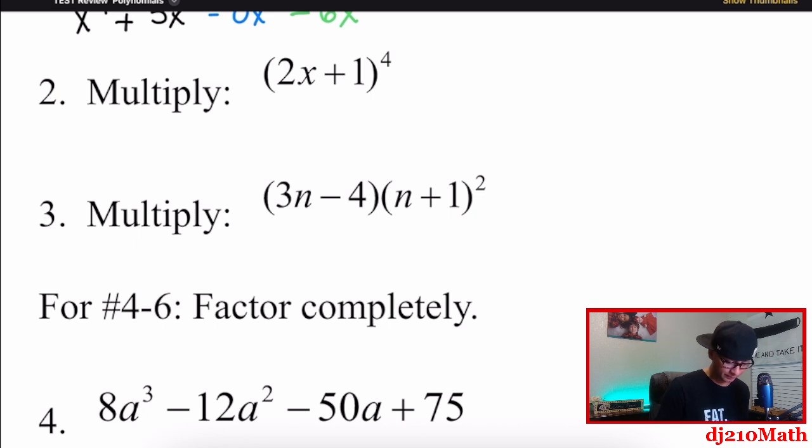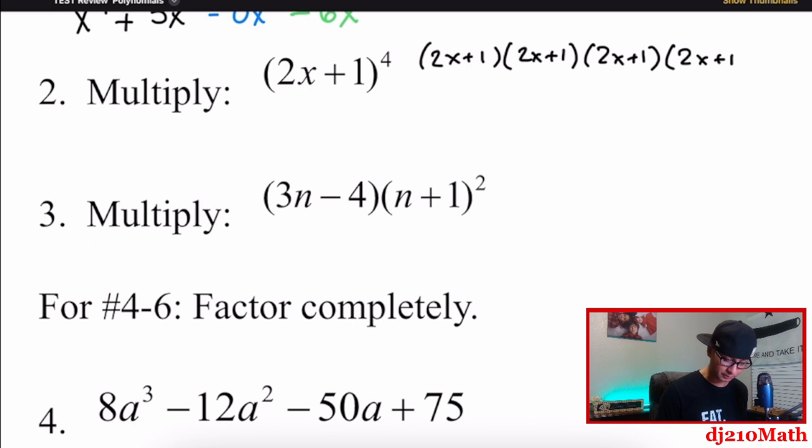What this is saying is 2x plus 1 times 2x plus 1 times 2x plus 1 times 2x plus 1, right? 4 times. And now we can use FOIL, distribute.